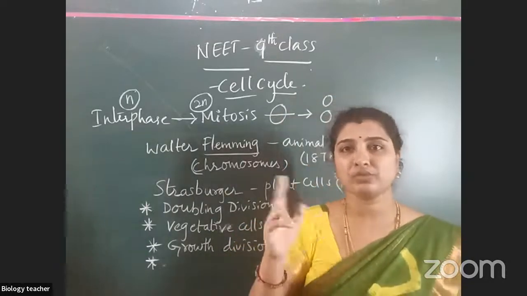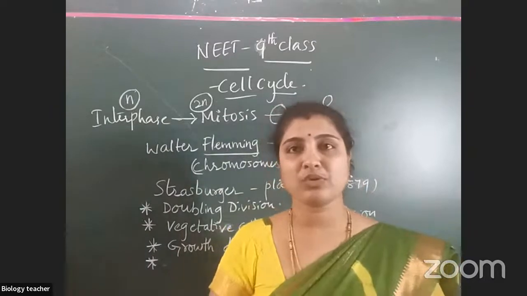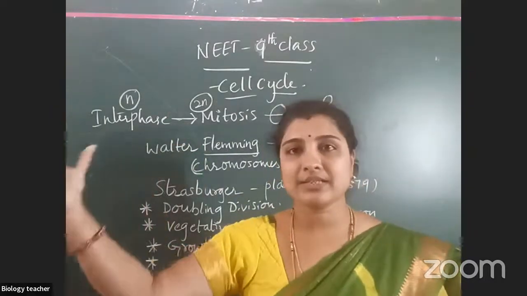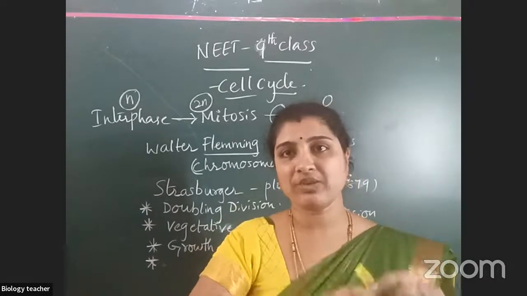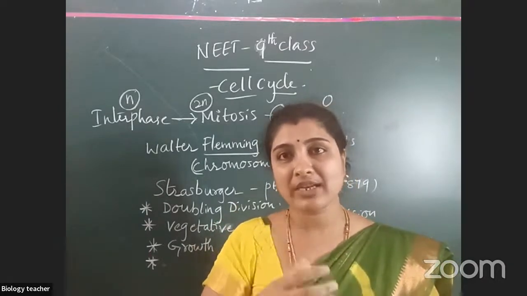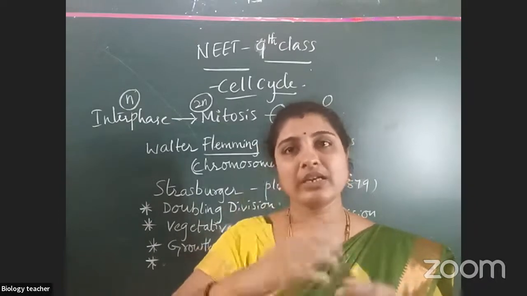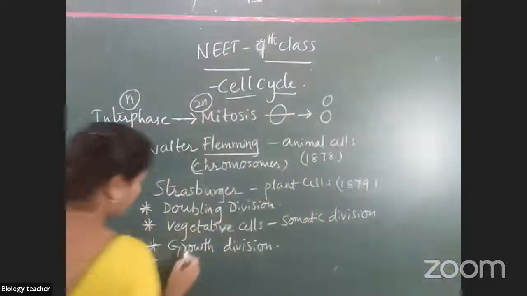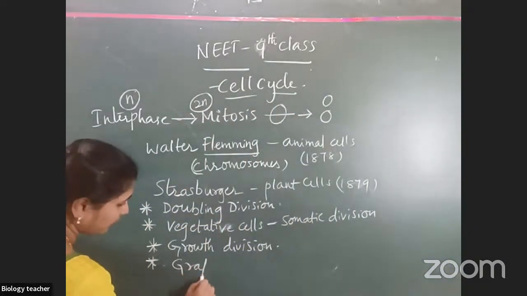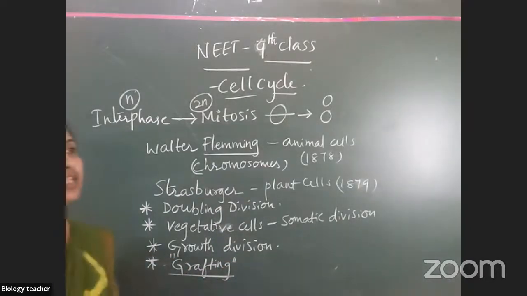I should make a hybridization. I am taking my guava tree, cutting the stem and keeping it on the stem of the previous one. At that time, the cells of this plant and that plant will divide. So mitosis helps the grafting technique also.